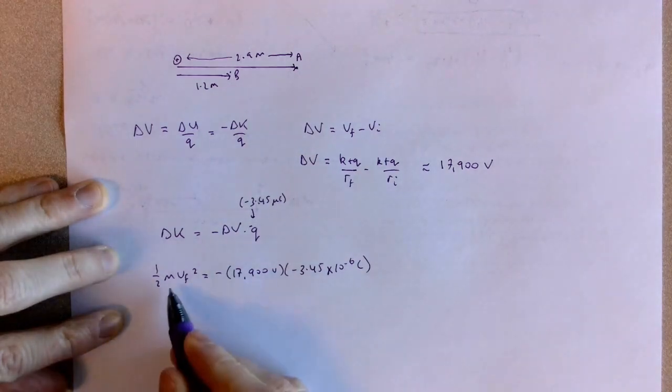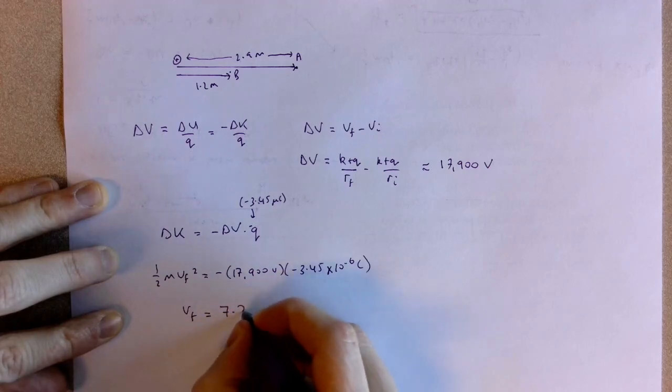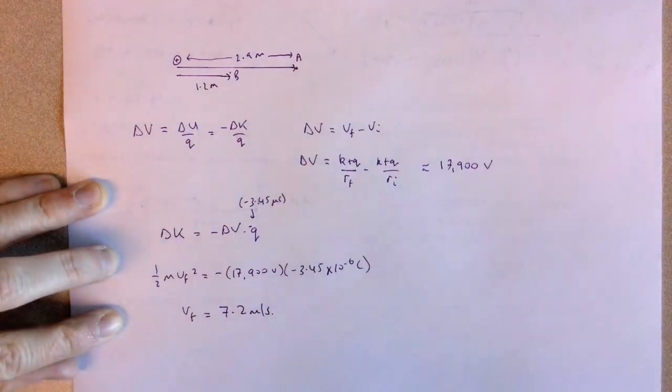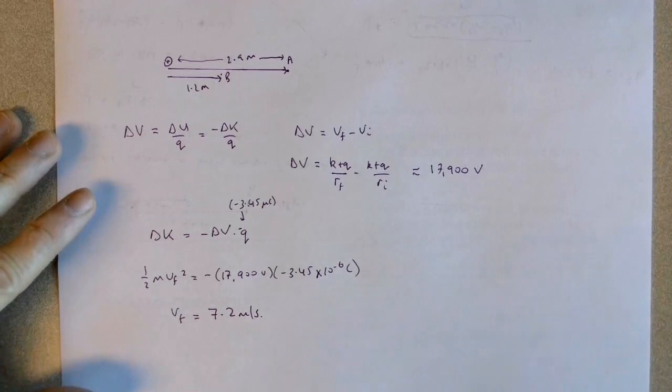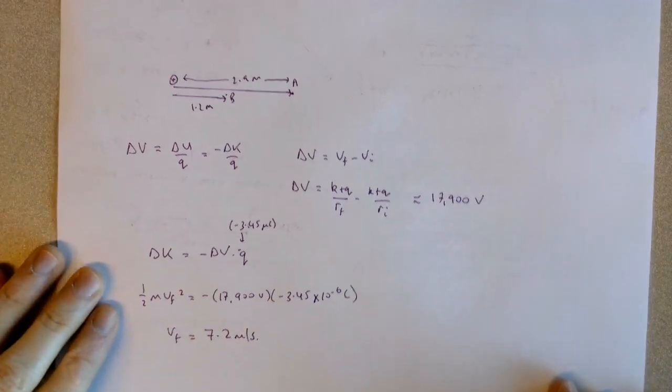So again, multiply across by 2, divide across by m, take the square root, and of course you should end up with the same speed. It's a pretty challenging two-point charge system, thinking about potentials and the electric potential energies of point charges.